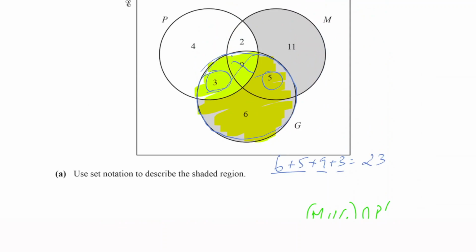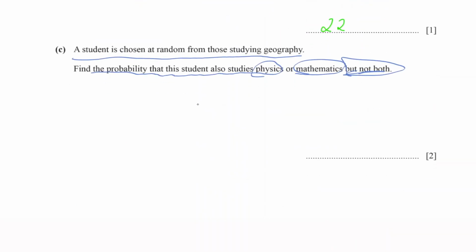Okay, they are studying physics or they are studying mathematics, but not studying both. So what is that? 3 plus 5. 3 plus 5 is 8. So 8 divided by the total students, that is 23. Okay, that will be the probability. 8 by 23 you can write it. So the answer is 8 by 23.